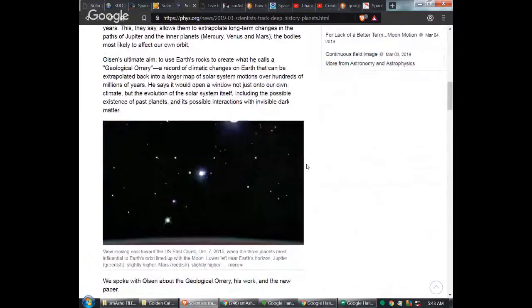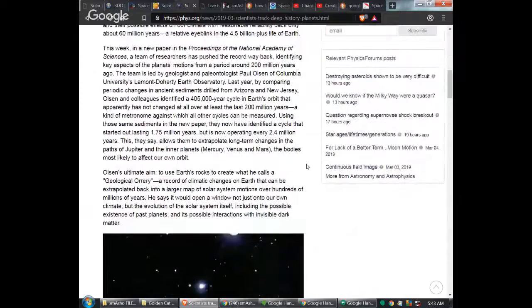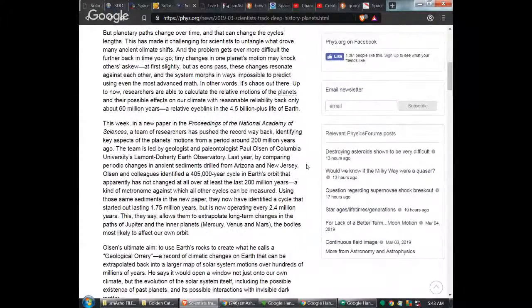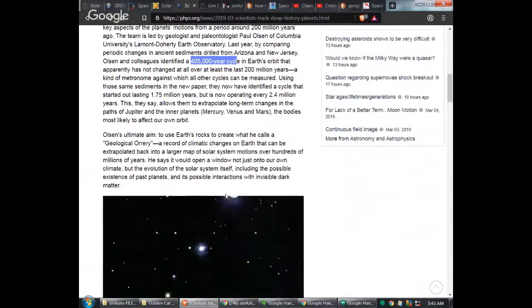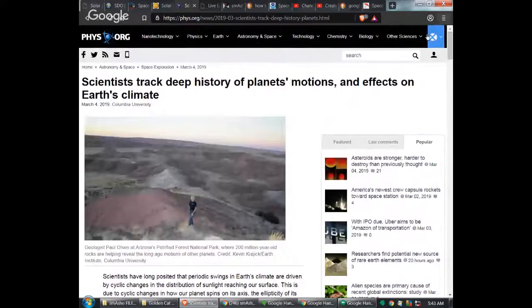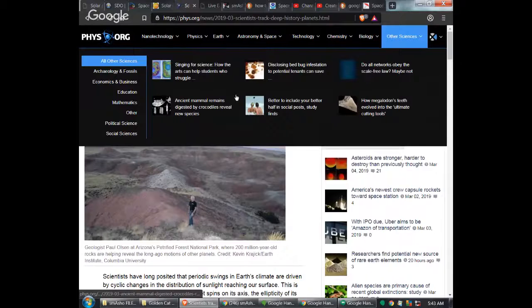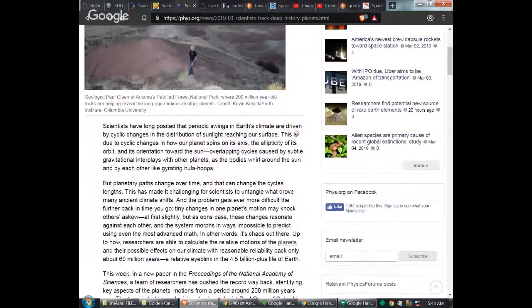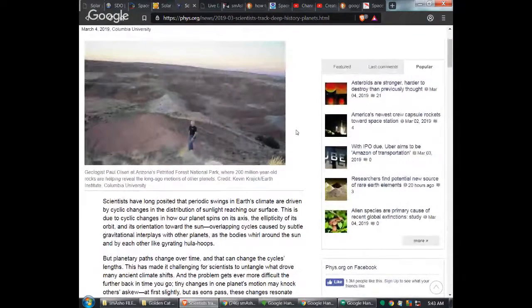Suggestions that the solar system has been totally different than it is today. So another super interesting article. We're not going to go over it too in depth here, but apparently there's a 405,000 year cycle over the last 200 million years. And yeah, so this is the kind of stuff that studying geology leads to. And yeah, interesting stuff. So this may lead to a greater understanding of the catastrophe cycle, things like the KT boundary that we see in the geologic record.